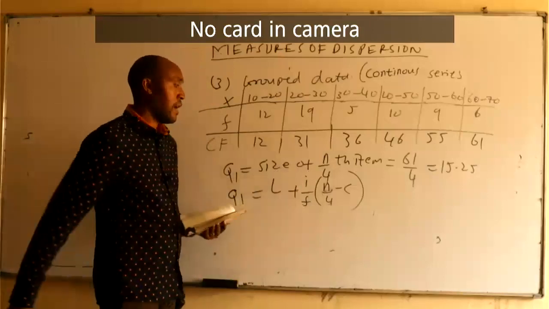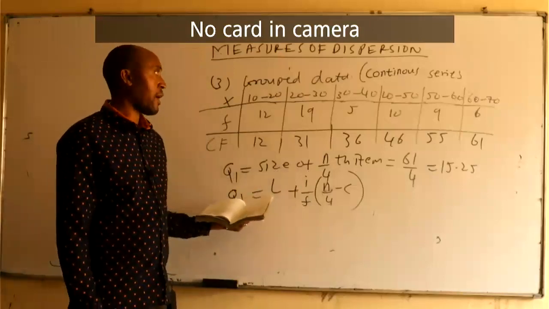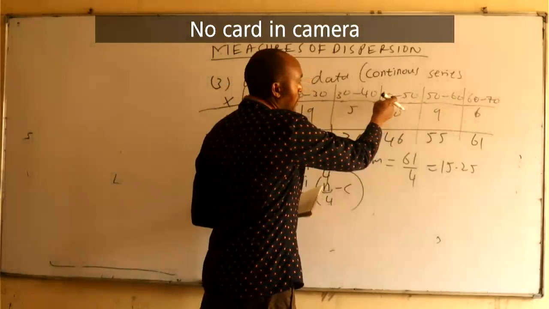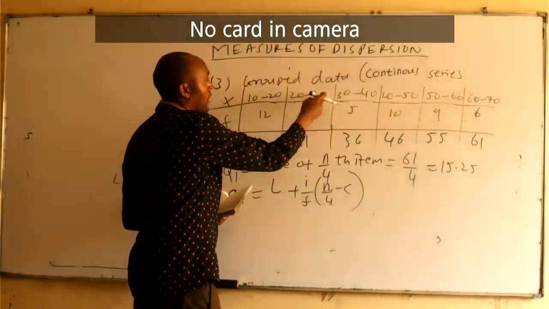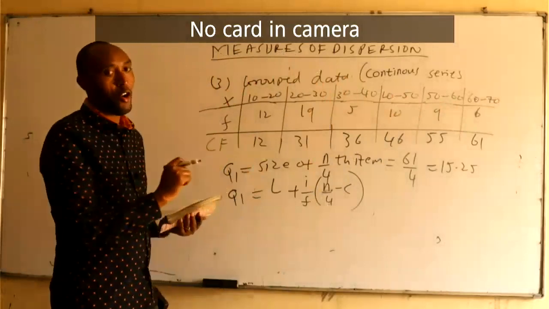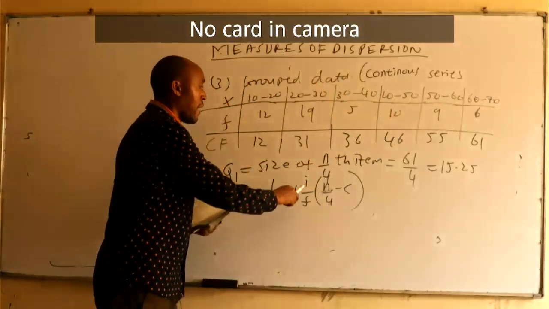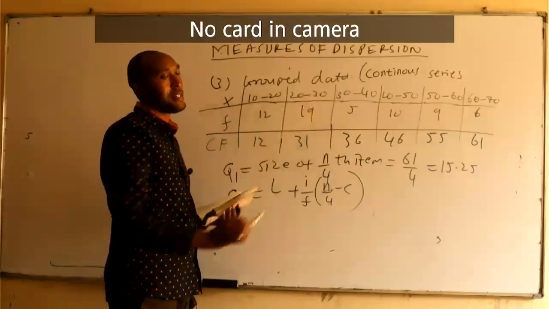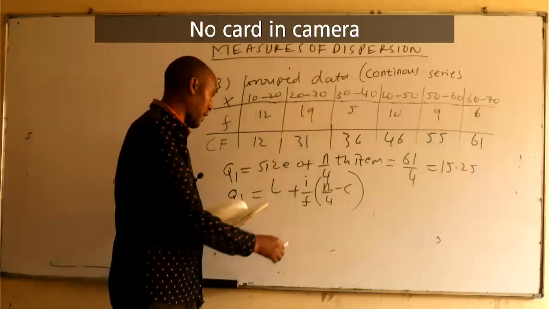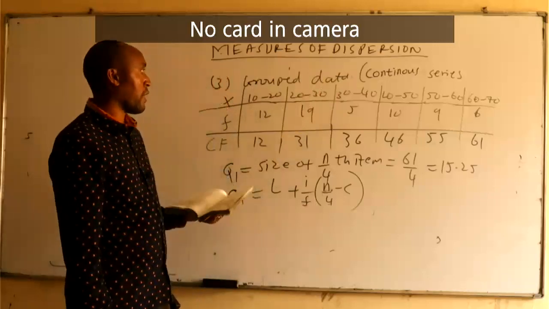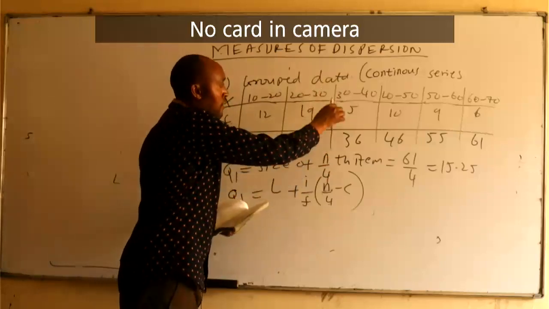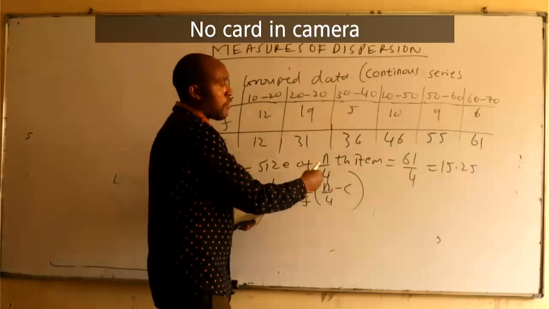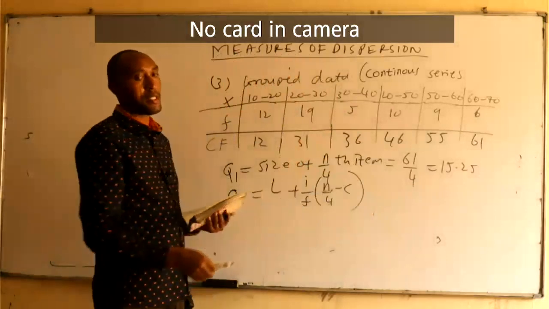L means the lower class boundary. This one is lower, this is upper, lower, upper, so we want the lower class boundary. Then h means the class interval, that is 10 to 20, 20 to 30, it is 10, 10, 10. Then f is the frequency of the quartile class, using the same process we used in the discrete series.